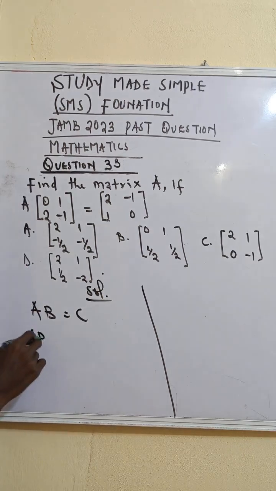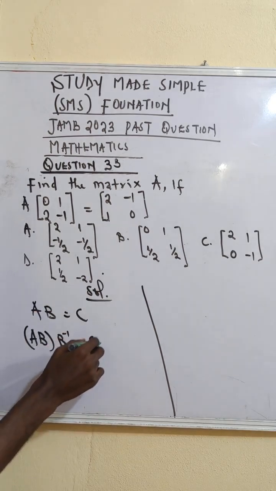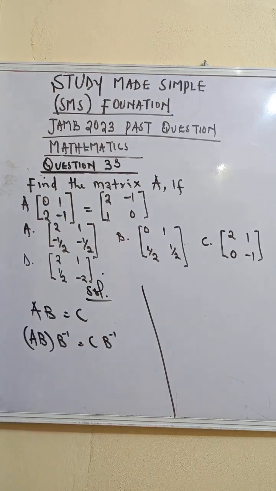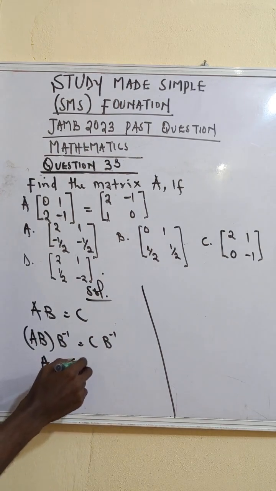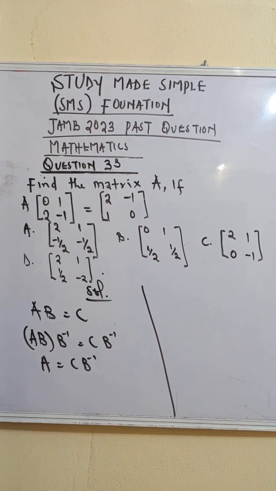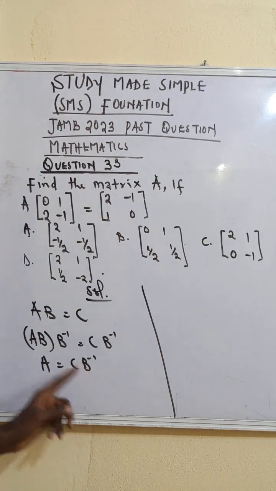That means AB times the inverse of matrix B should be equal to C times the inverse of matrix B. So that will enable me to get my answer. That means A will be equal to C times the inverse of matrix B. So very, very easy. Now, how do we get our inverse?